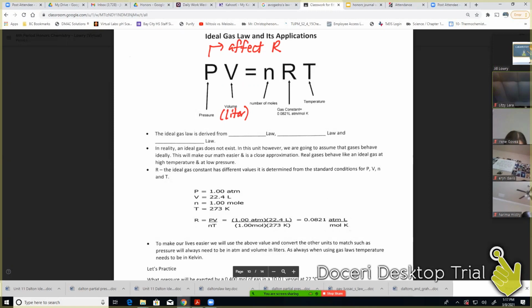Moles for my n, R is called the gas constant, and then T is your temperature, still in Kelvin. So the ideal gas law is derived from Boyle's, Charles's, and Avogadro's laws.